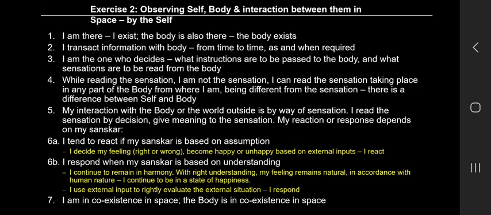So my outside interaction and response will be a natural outcome of my state of being. So I need to work on my state of being. So I need to work on my sanskar. And for that, I need to be aware of myself. I need to be in a state of pure observer. This is the area where I need to make effort. Rest of the things will happen naturally.